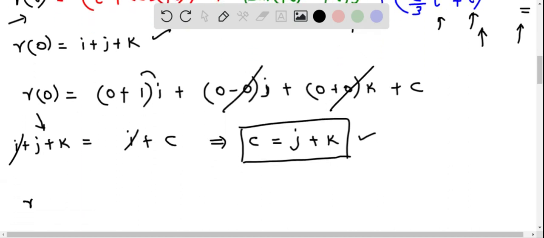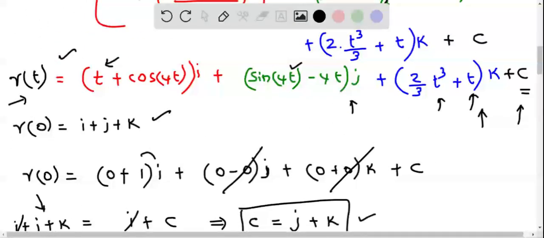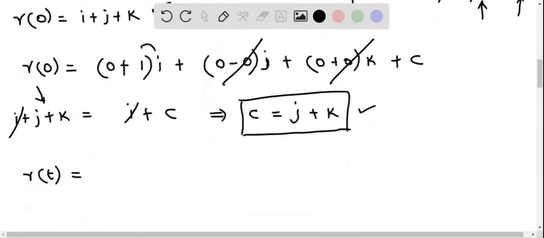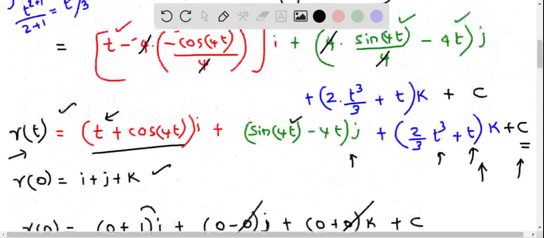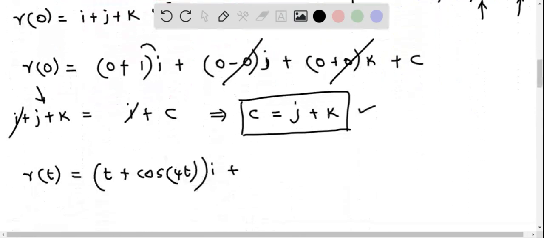The complete position vector equals, the i component remains as it is, that is t plus cos of 4t times i, plus, adding 1 to the j component, sine of 4t minus 4t plus 1. This is the j component.